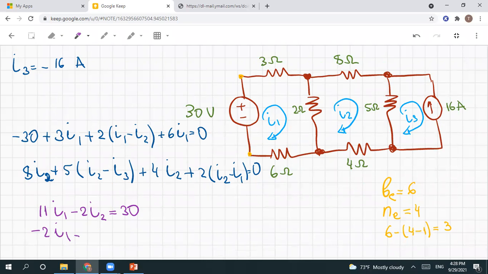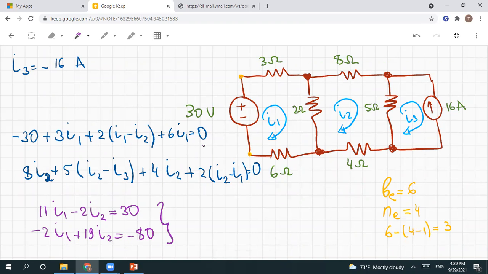So it will be plus 19I2. And here, negative I3 is -16. So -16, it will be plus 16. Plus 16 times 5, it will be 80. If I take 80 to the other side of the equation, it will be -80.